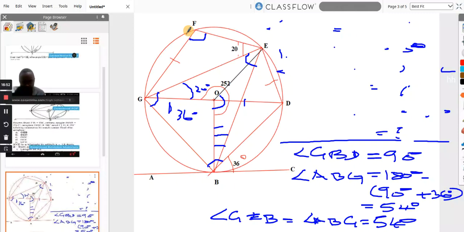For that one, you see, we have this cyclic quadrilateral, GFEB. That is a cyclic quadrilateral. As you can see, we have 4 vertices at the circumference. Now we know that the sum of opposite angles of a cyclic quadrilateral is supplementary. They add up to 180. So we can easily get this angle here.